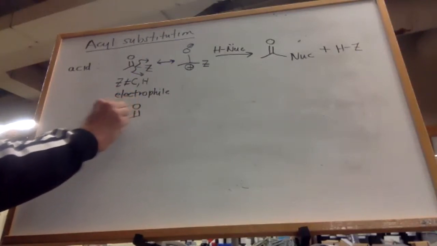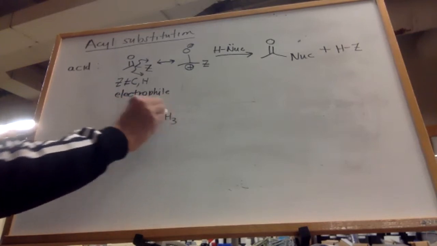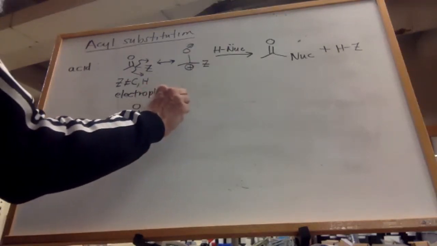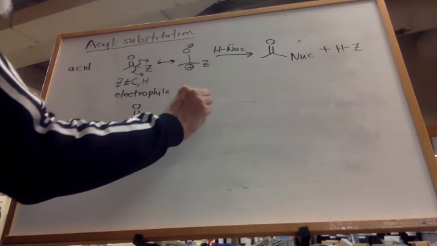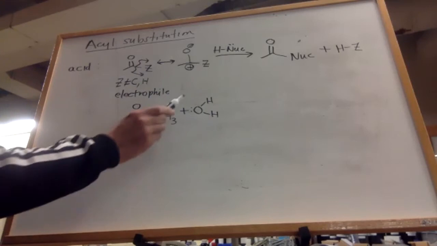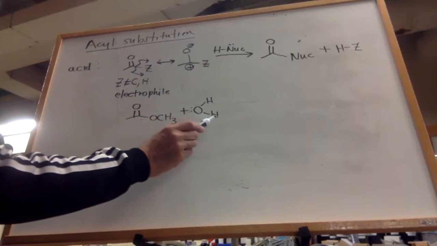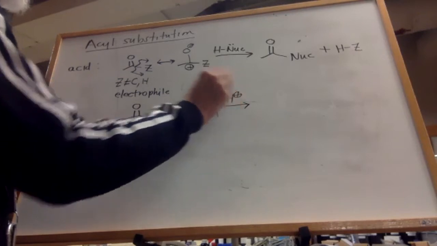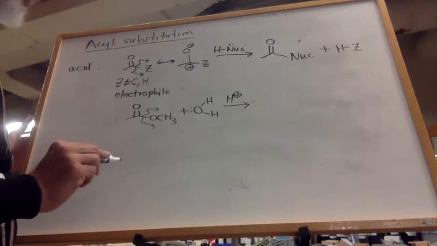All right, so here's an acyl derivative. There's a carbonyl carbon that is bonded to something that is not carbon and not hydrogen. Now here's the nucleophile, water. The nucleophilic atom in water is the oxygen atom. The nucleophile is coming in with a proton in a state of protonation. We're talking about acidic conditions. And so what happens is the thing that's not carbon and not hydrogen, that goes away.